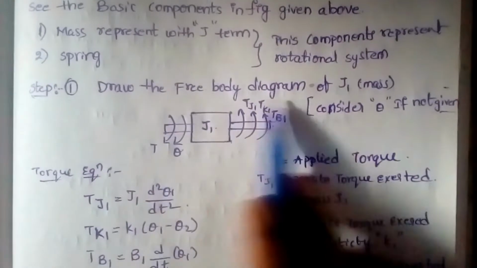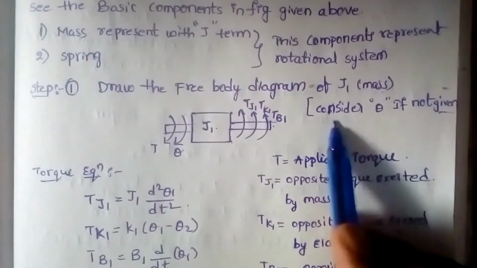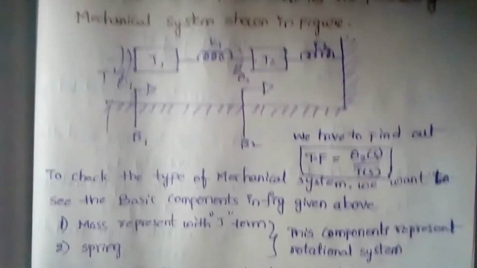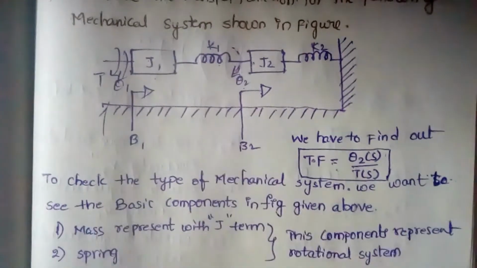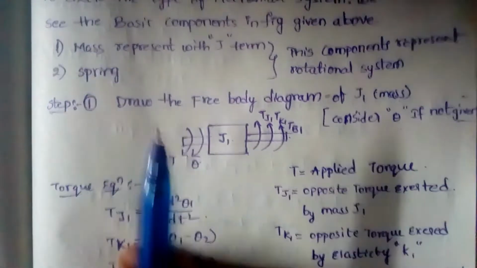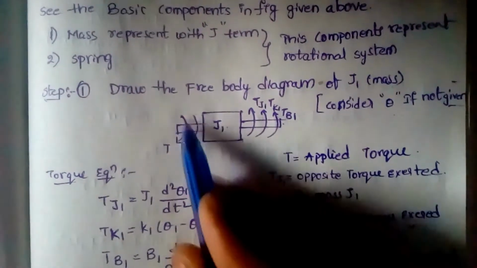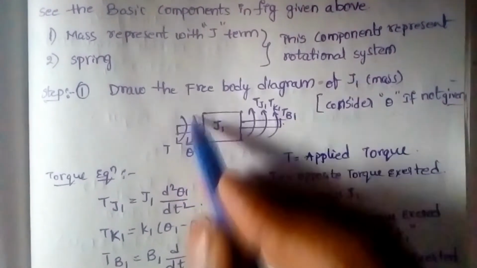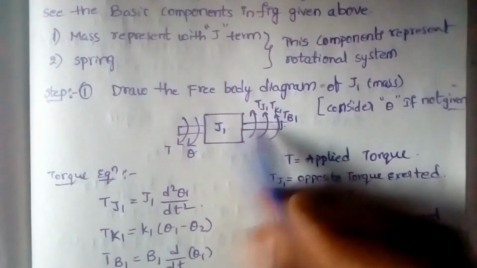Here we see the diagram. Draw the free body diagram of the J1 mass block. Theta is not given in the diagram, so we consider theta for the J1 mass block.